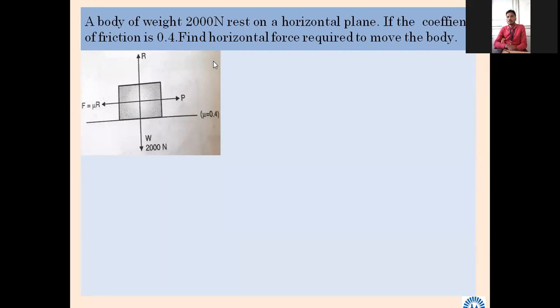A body of weight 2000 Newton at rest on a horizontal plane. If the coefficient of friction is 0.4, find the horizontal force required to move the body. Very good. Thank you. All of you once again read the problem, take 2 minutes, understand it, then we will start how to solve.